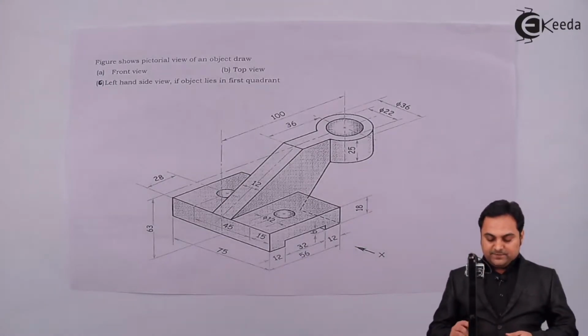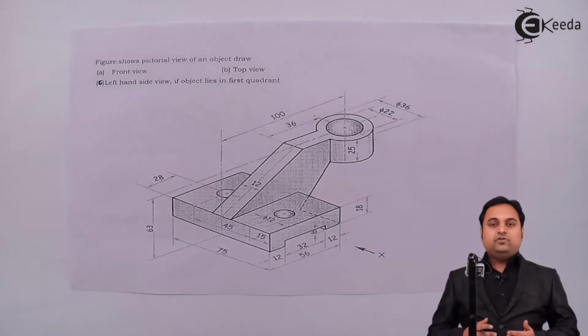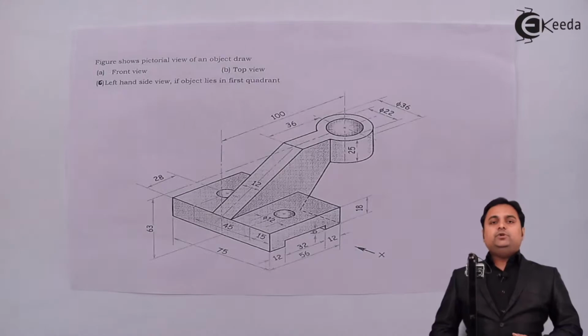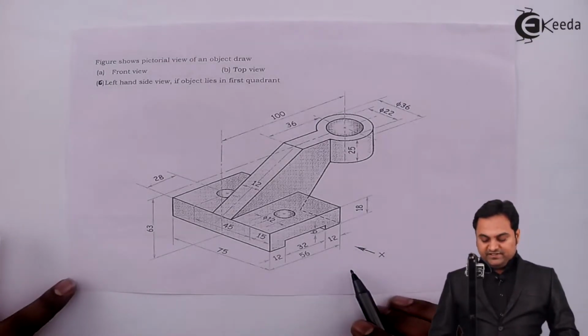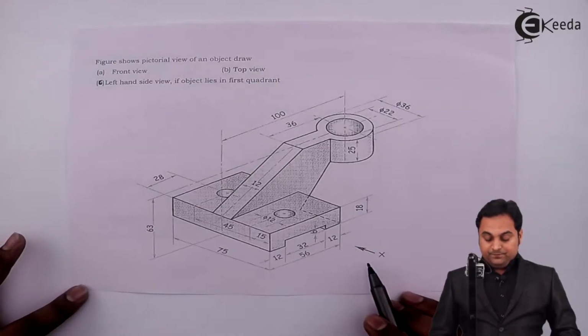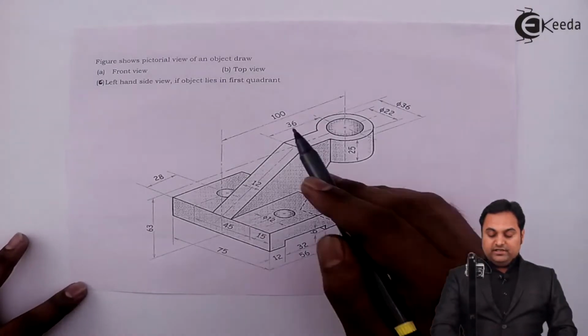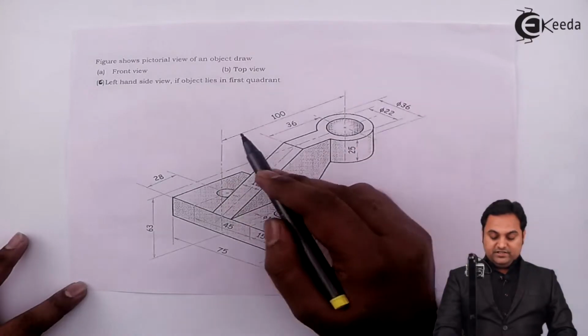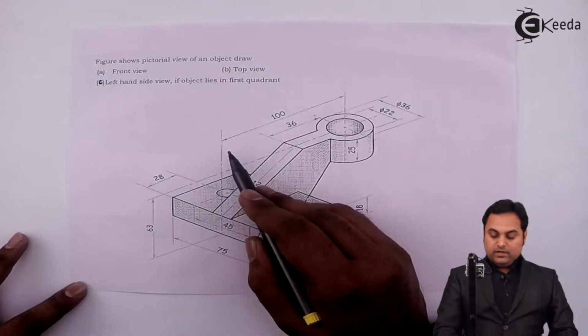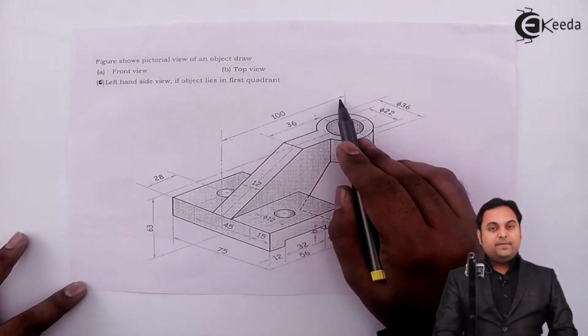Now I'll explain the spacing. Before we start any problem in orthographic projections, we need to know how much is the total length, height and width. If we are standing here along the X direction, we are going to see the length and height. From this location up to the center, the distance is 100 mm.